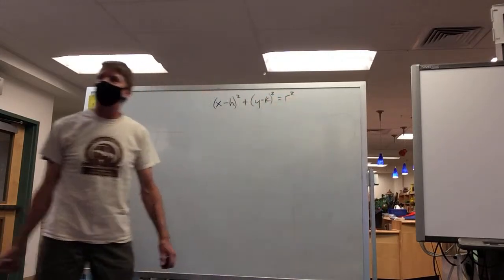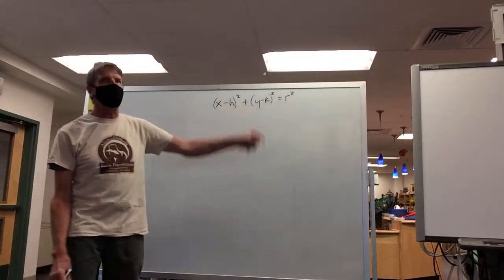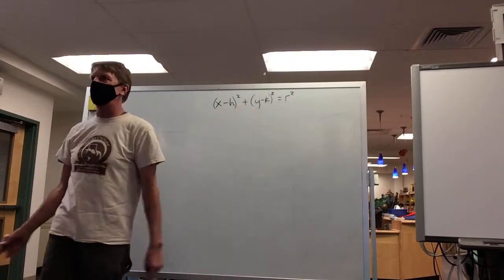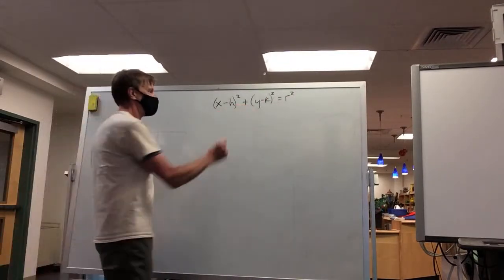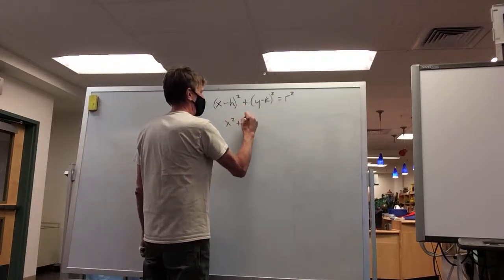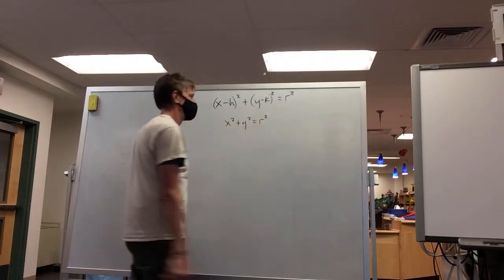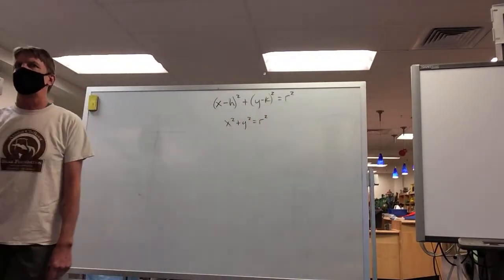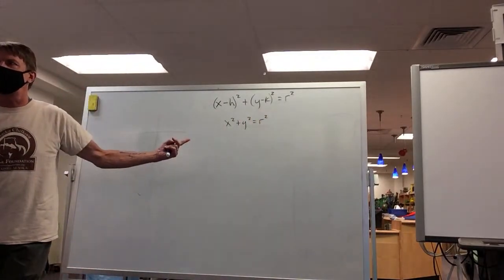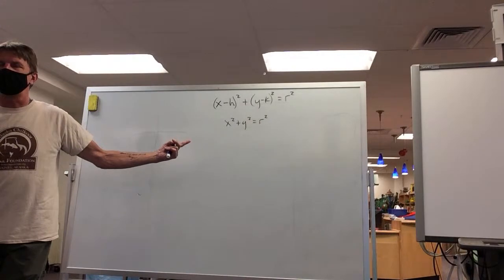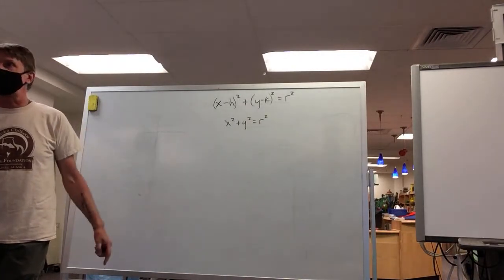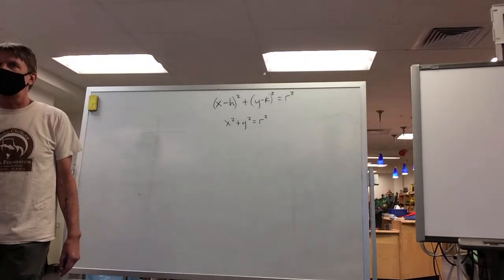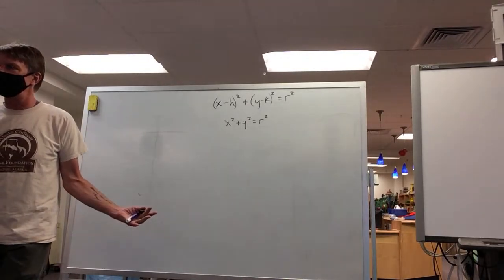And all the h and the k are is how much we shift them away from the origin. If we put them on the origin, that's the equation of a circle. What is that? What's the formula? A squared plus b squared equals c squared. Isn't that Pythagorean? Yeah.